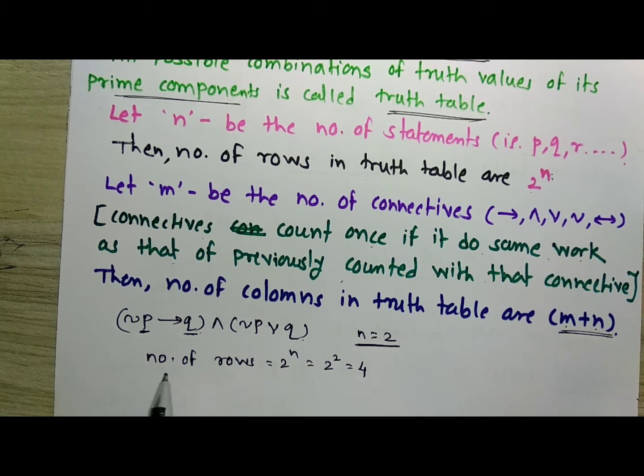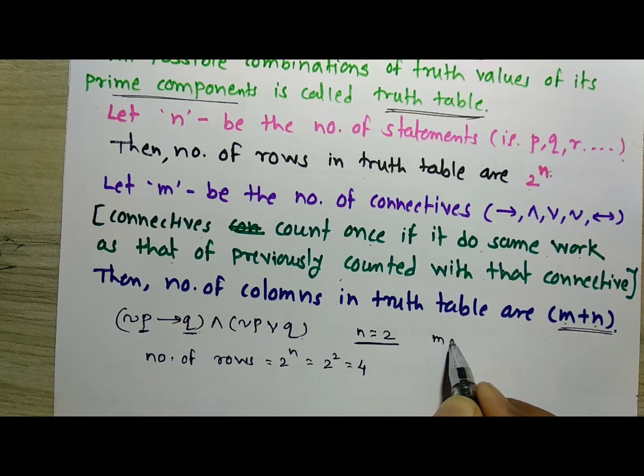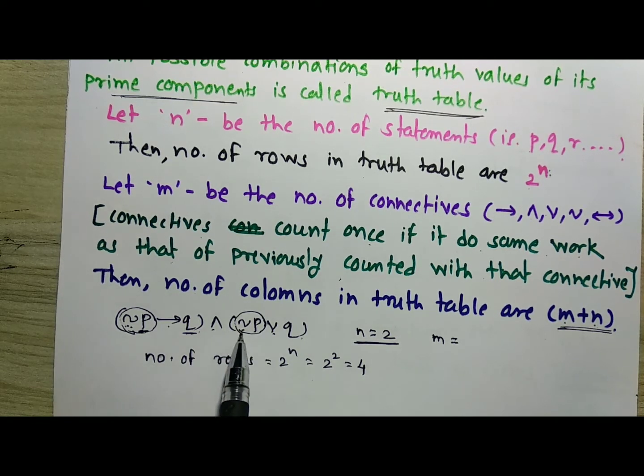Now the number of connectives is m. Counting the negation as one connective, 1, 2, 3, 4, 5, is wrong, because this negation does the same work here as well as there, and therefore it is counted only once.